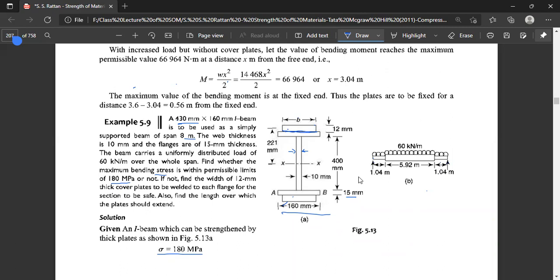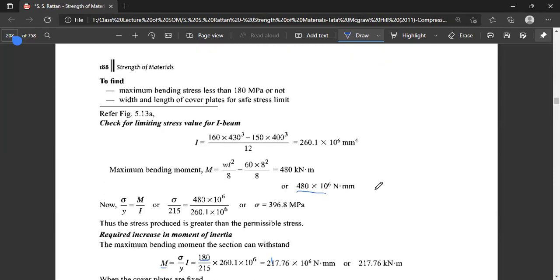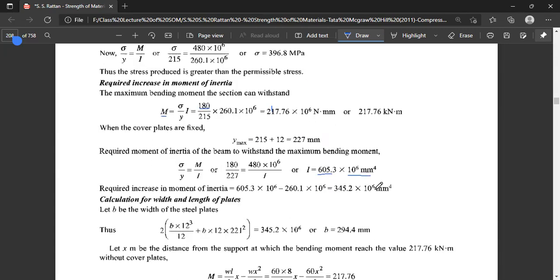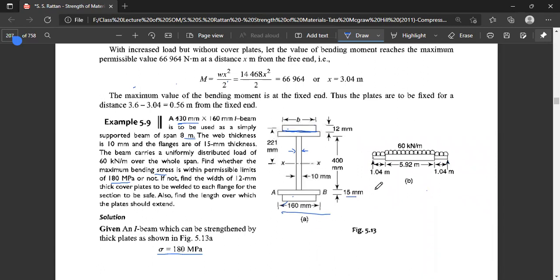It is here 200 plus 15 plus half of the thickness, 6, that is 221 millimeter. The distance is 200, plus the thickness of the flange given as 15, plus half of the thickness of the plate, 6, that is 221 millimeter, the distance of the central axis of this plate from the central axis of the beam.